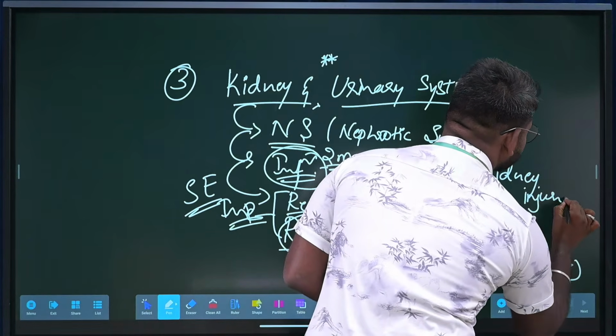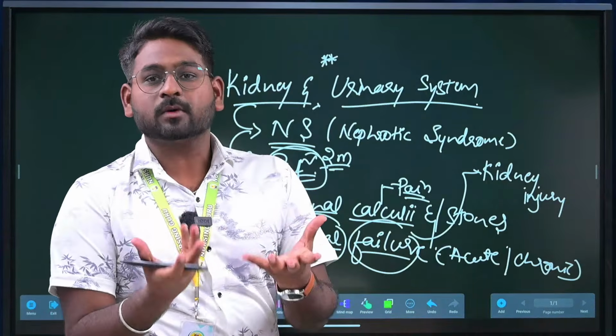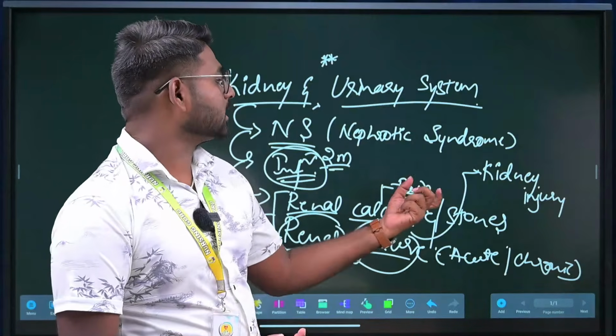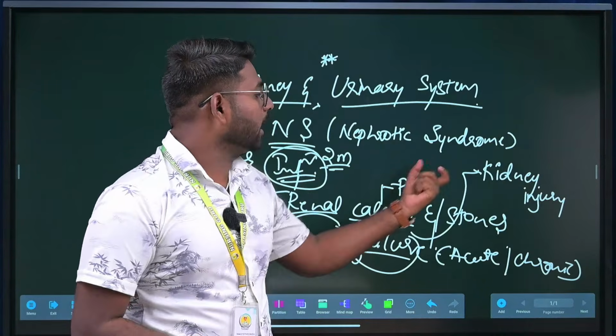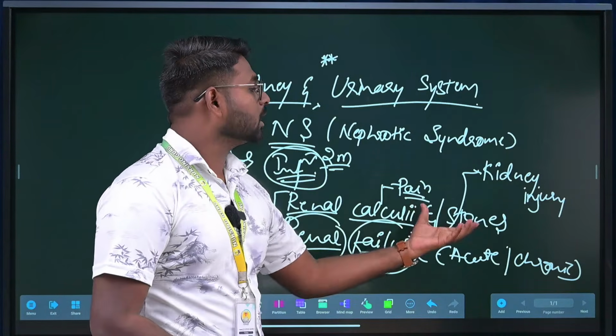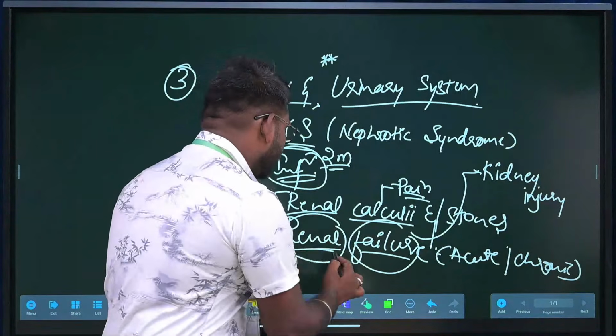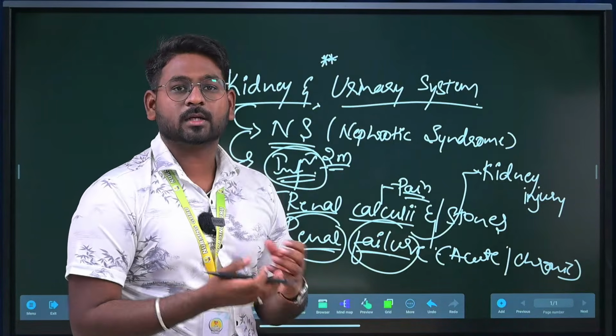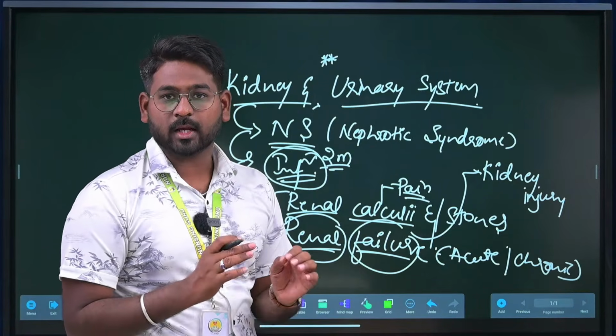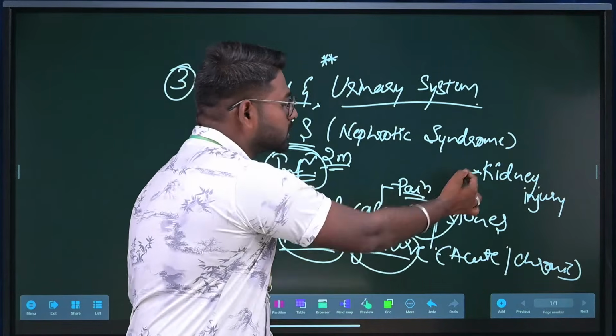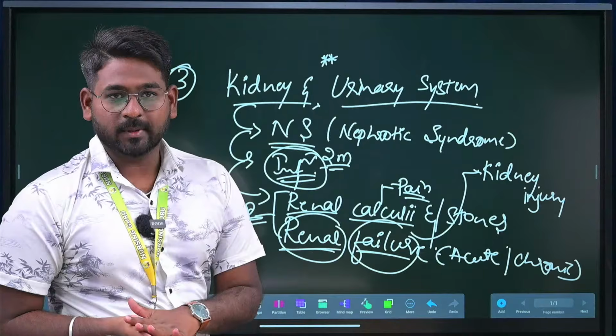To confuse you, the examiner may ask you to explain the acute kidney injury or the chronic kidney injury. That is also the same as acute renal failure or chronic renal failure. The meanings are similar.